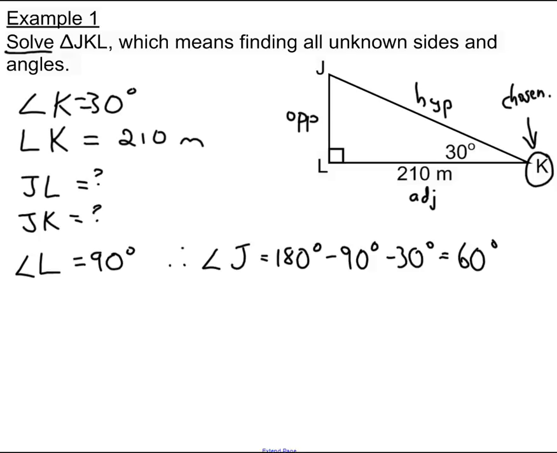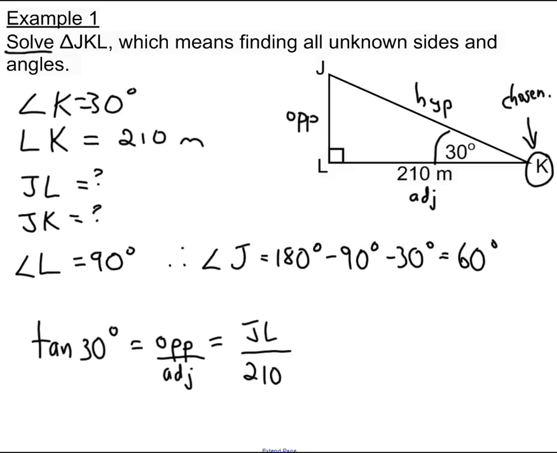So a 30-degree angle. Right, so if I'm using opposite and adjacent, that would be the tangent ratio. So I'm going to write tangent, which is an operation done on an angle. It is equivalent to a ratio of side lengths: the opposite side and the adjacent side is what tangent means. And in this case, the opposite side is not known, so I'll write JL, and LK is 210.